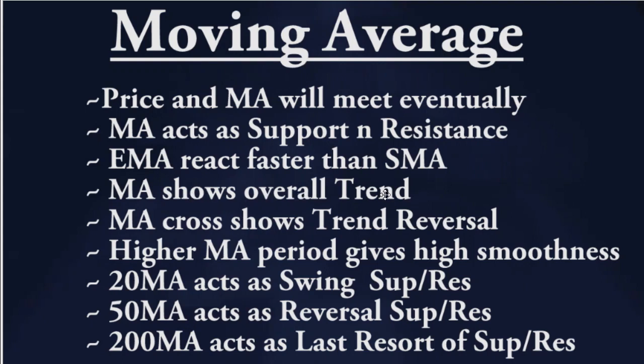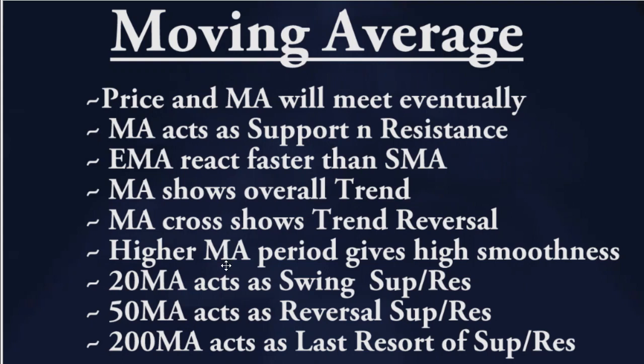You can check it by 20 MA or 50 MA. Moving average shows crossover, shows trend reversal. If a small moving average crosses the big moving average from upside or downside, a trend reversal is possible.